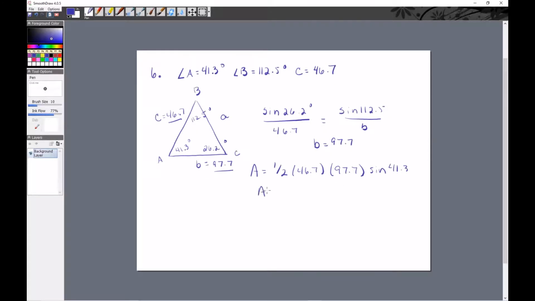When you're all done with this, you should get 1,505.7 square units, or since we have to round to the nearest tenth place, it'll be about 1,505.7 square units. So pause again and we'll just keep going.